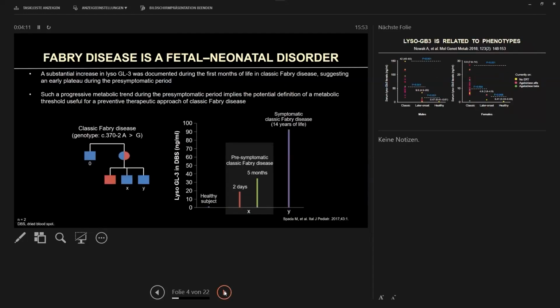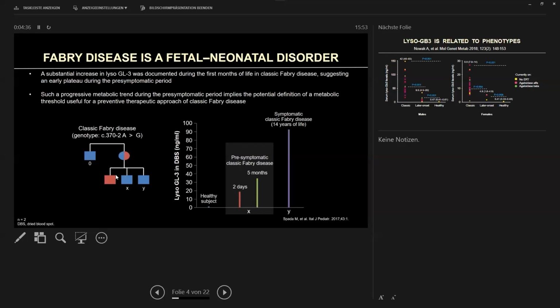because we can observe that this biomarker already increases at the time when the baby with Fabry disease is born. For example, you see here that we have a family with Fabry disease.